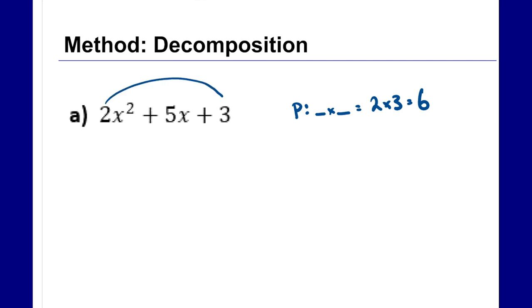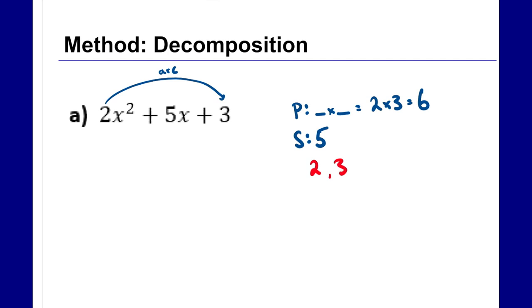Because we have a times c, 2 times 3, so two numbers that multiply to 6, and they still add to that middle value, that sum of 5. So what two numbers multiply to 6 and add to 5? Well, in this case, we have 2 and we have 3.